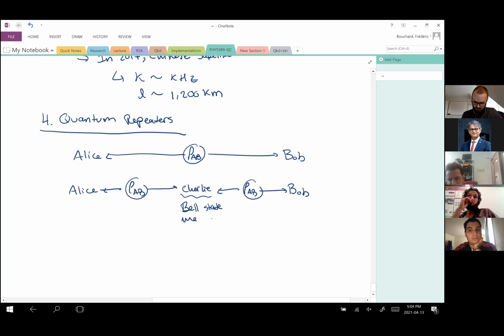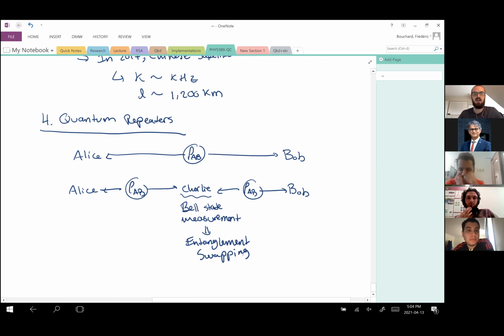The important thing about a Bell state measurement is you can swap the entanglement. So something called entanglement swapping. If you have entanglement, that's your rho AB, that's your other rho AB. There's entanglement between these 2 photons, entanglement between these 2 photons.